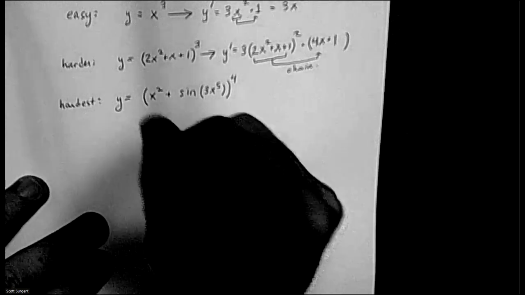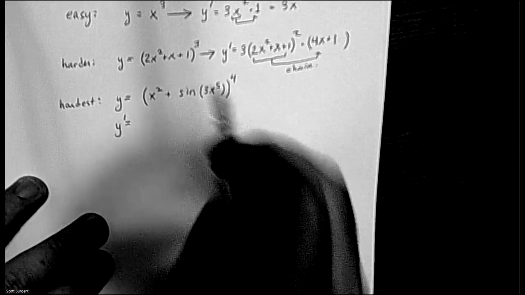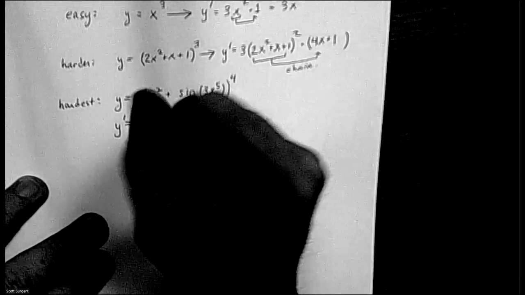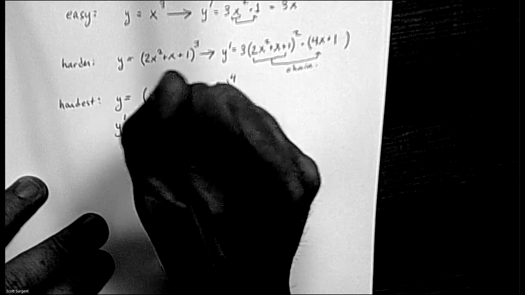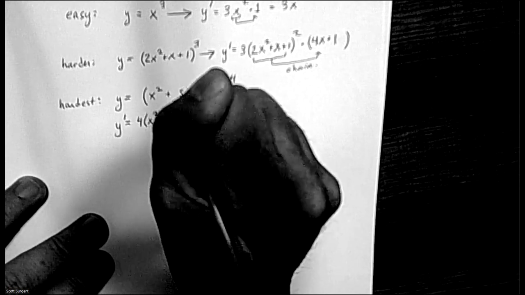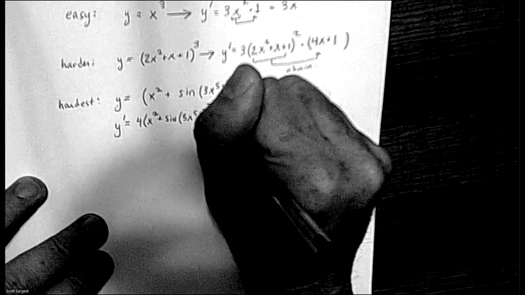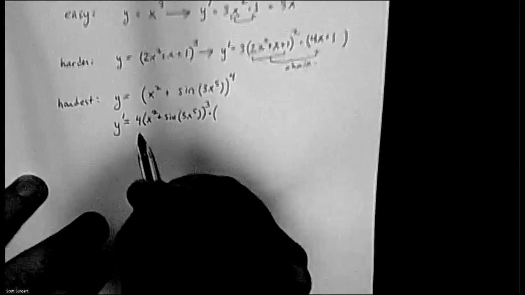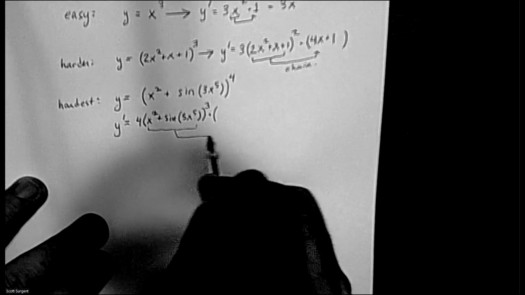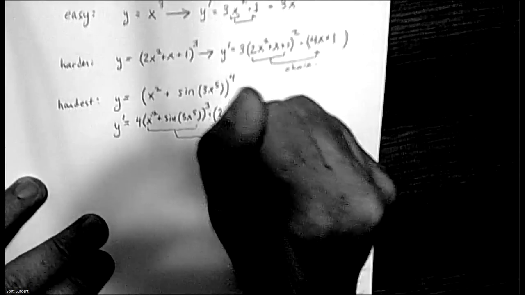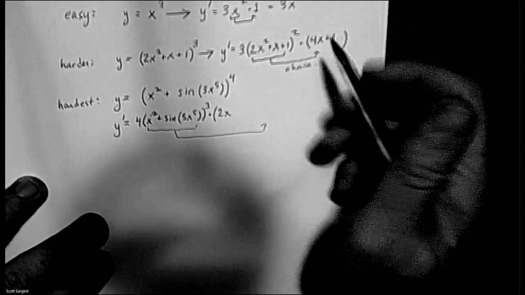Okay. Well, you just work outside and just kind of take it bit by bit. So this whole thing to the fourth power, bring down the 4, write the whole thing without any changes, to the third power now. Immediately now start your chain rule on the base. Derivative of x squared is 2x. Notice I have a parenthesis started here.